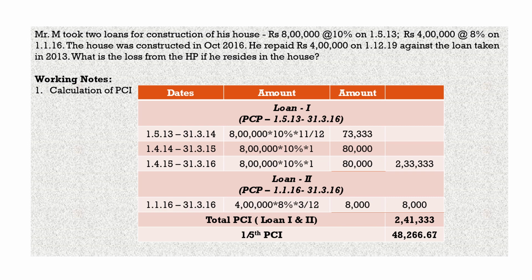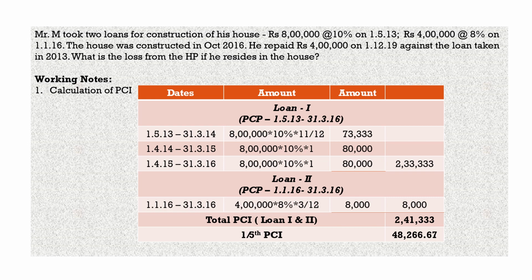So in a self-occupied house, one can claim interest on loan as deduction under section 24. So we need to find out what is the deduction under section 24 for this house.